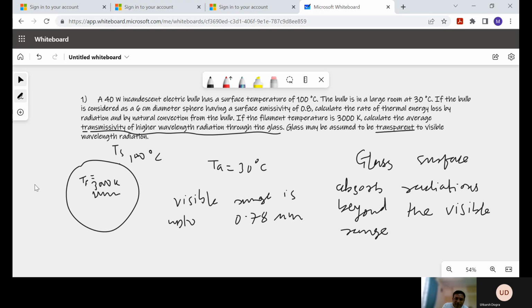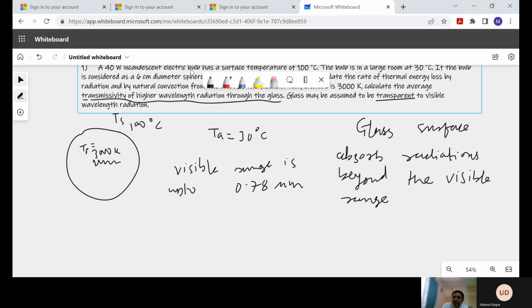Let me scroll a little bit up. So a 40 watt incandescent electric bulb is there, which is generating the radiation of 40 watt. So 40 watt heat is generated here, isn't it? Now some of that heat will be in the visible range, and some of that will be in the invisible range.